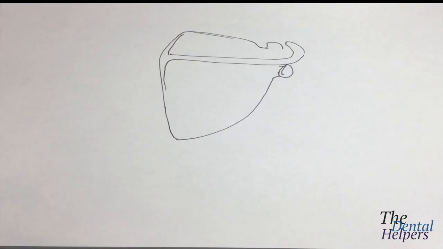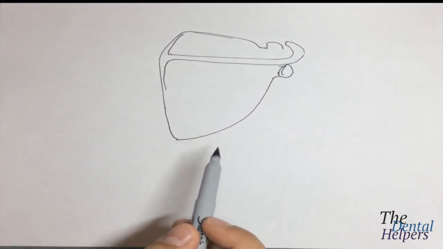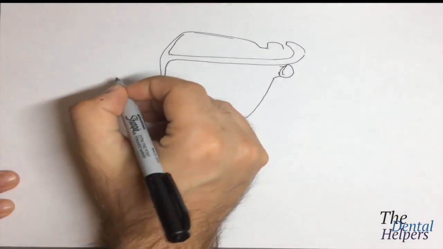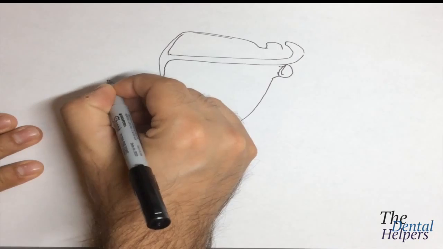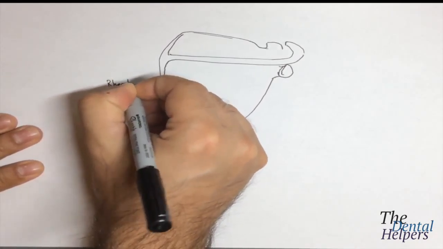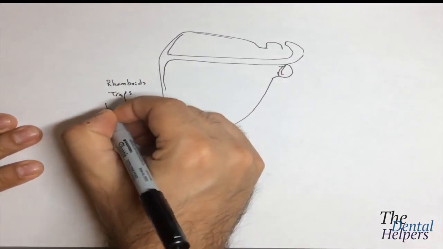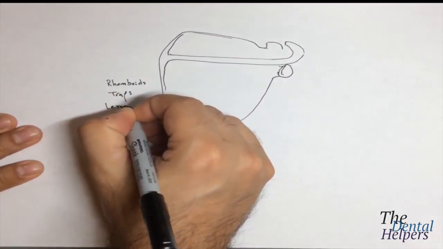So if we look at that, now if we think about the other muscles that attach, so I said on this side it's the rhomboids, the traps, and levator.